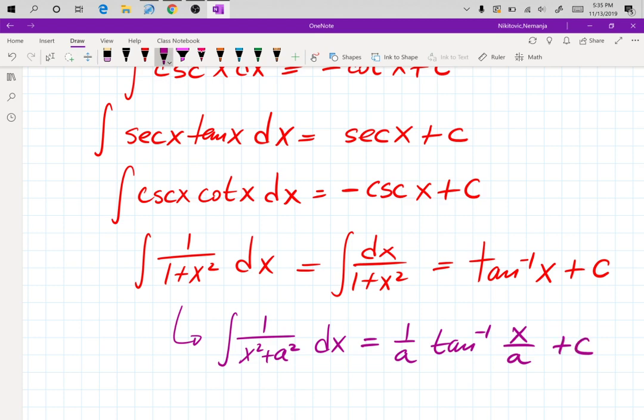That's the one you're going to see most of the time, because you are going to have 1 over x squared plus 9, 1 over x squared plus 16, or something like that. And recognizing this as inverse tangent will really save your bacon when you have to do the integrals.